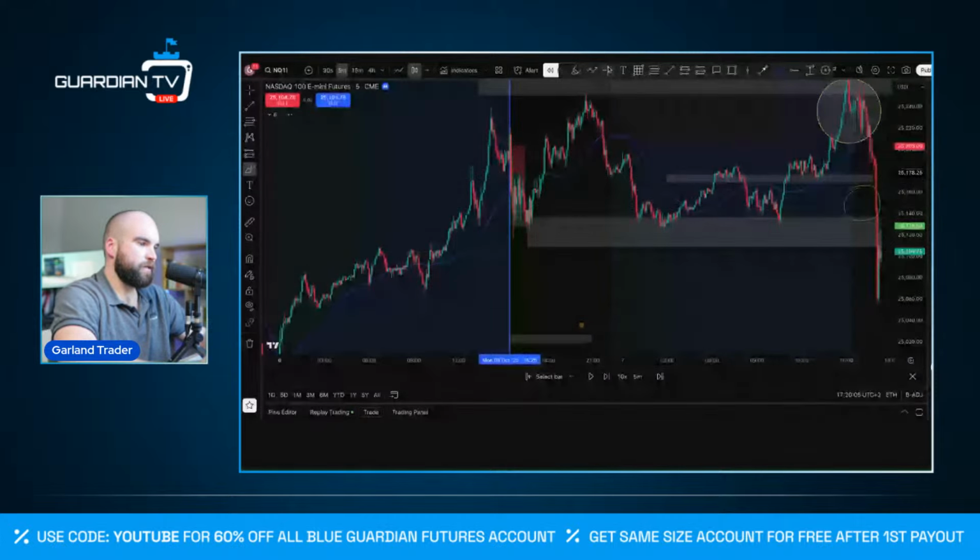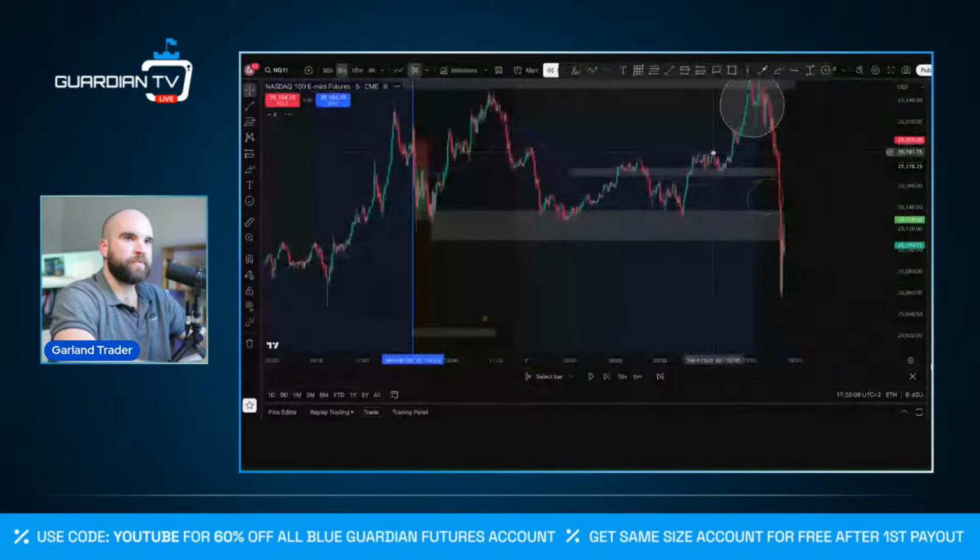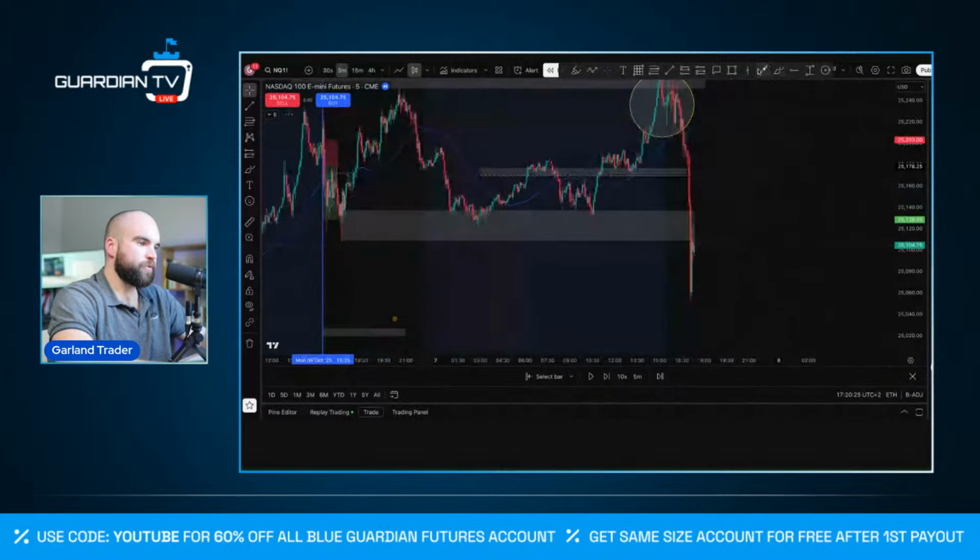Let me know in the chat. Martin says it's in the middle of the zones. That's kind of right, but also not. Seb got it right. There's no space. From here to here, there's not enough space for me to get into a trade. If price breaks and closes below, retests here and goes lower, there's not enough space for me to get my full take profit, or at least get a one-to-one risk reward.